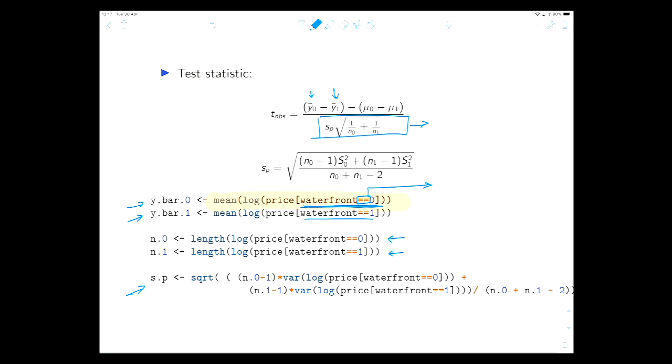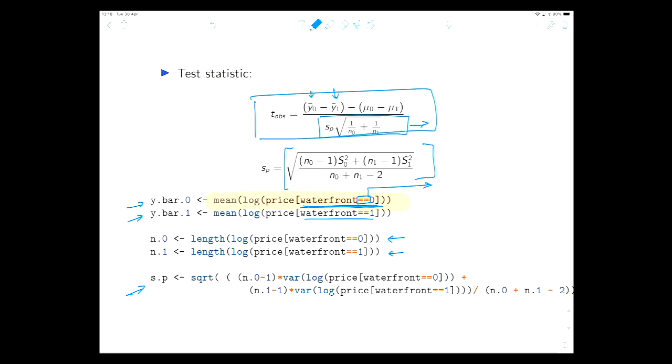We just use this formula above and code that into R, and you can get the pooled standard deviation. Once you have all those elements, you can calculate the observed statistic based on that formula.